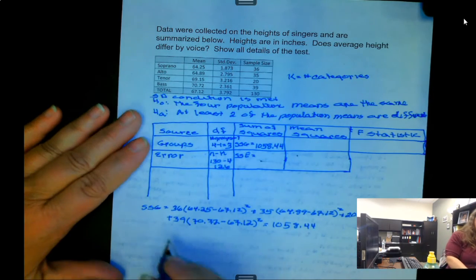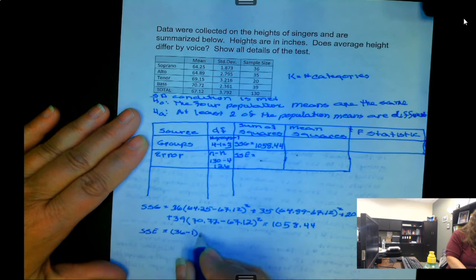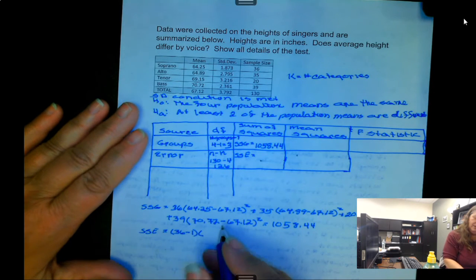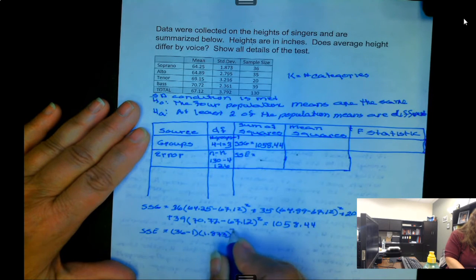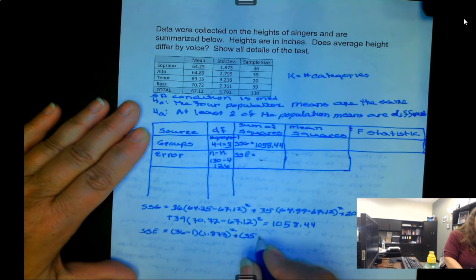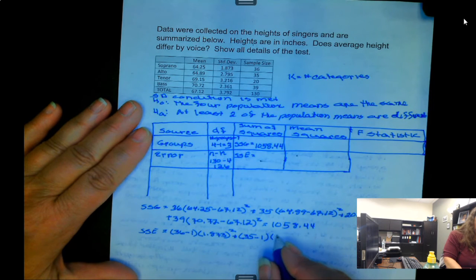For SSE, we take the sample size minus 1 times the standard deviation squared for each category, and then add them together. So for the second one, we have 35 minus 1 times 2.795 squared.